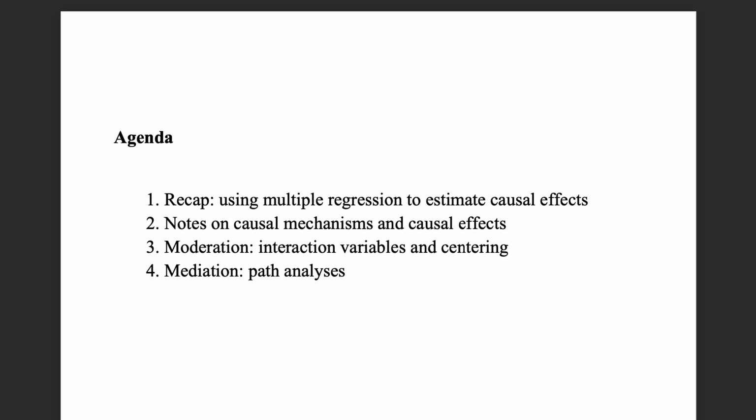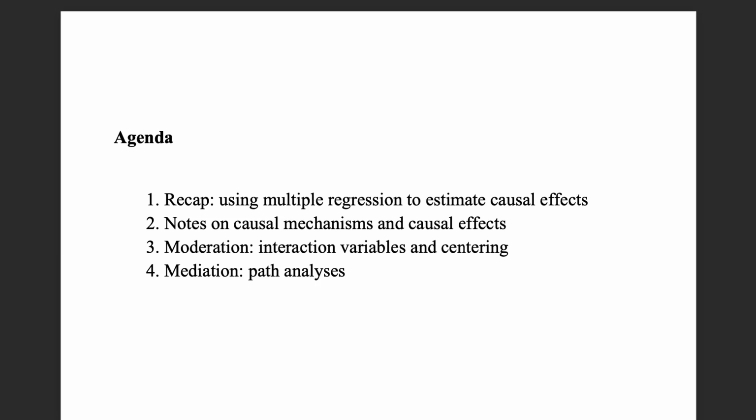So that implies that we understand what theories say and how they work. So I'll talk a little bit about causal mechanisms and how they relate to causal effects, and how they can sometimes make more nuanced statements about potential causal effects, which specifically will lead us into two types of more advanced uses of regression analysis, namely moderation and mediation analysis.